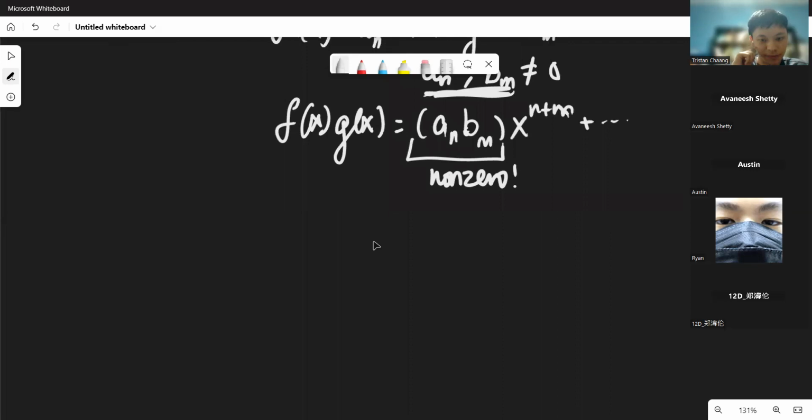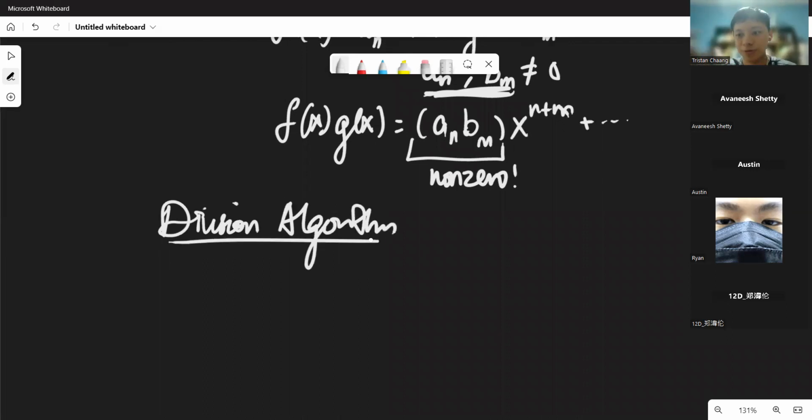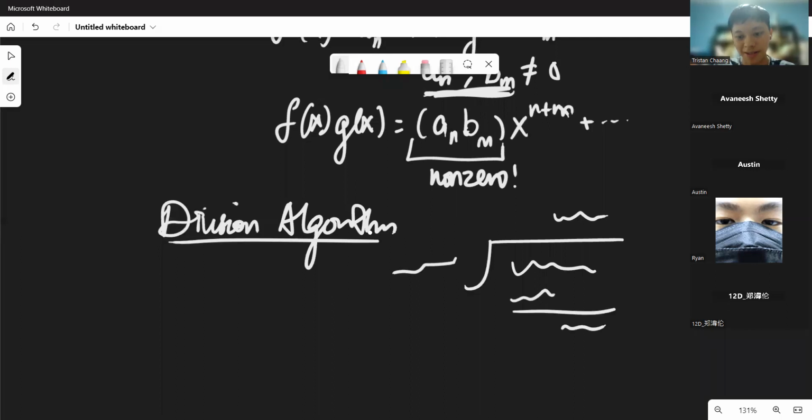But before that, let's talk about the division algorithm. That's what you do in high school, where you have a polynomial here, there's some polynomial here, and then you do long division, right? You write some quotients, subtract, and then in the end you have some remainder. This remainder must have a lower degree than the divisor.